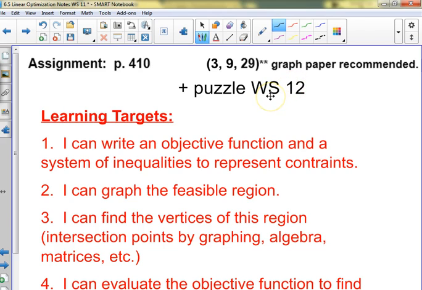It was back there. And then on worksheet 12, you need to finish that up. So we did one side, you got to do the other side. That wasn't the good news. The good news is that's the last topic of the semester. I've taught you everything you need to know.